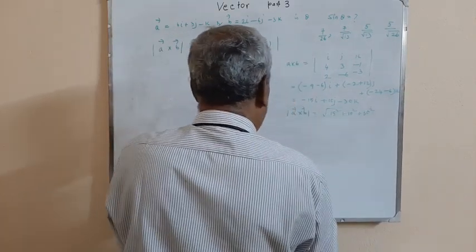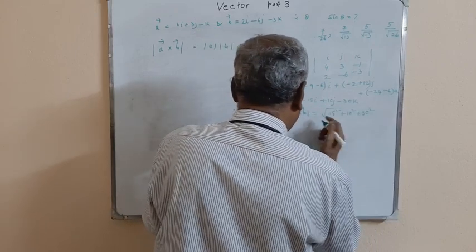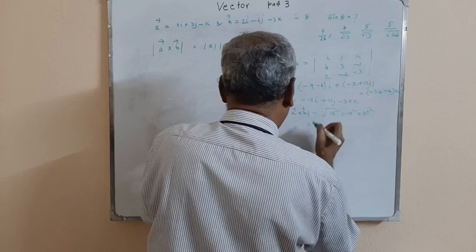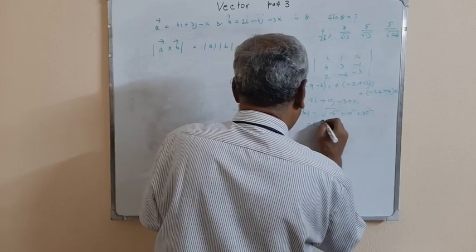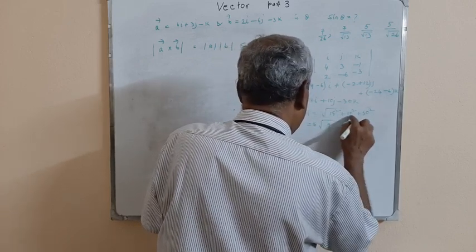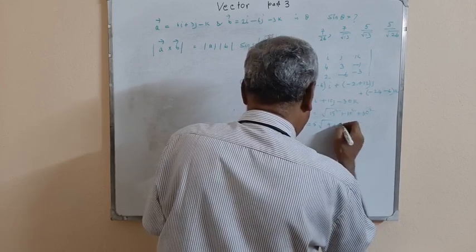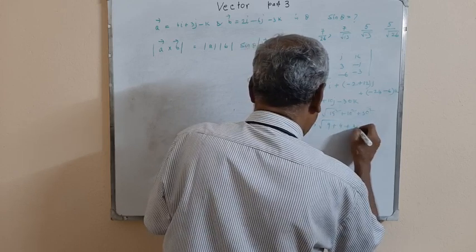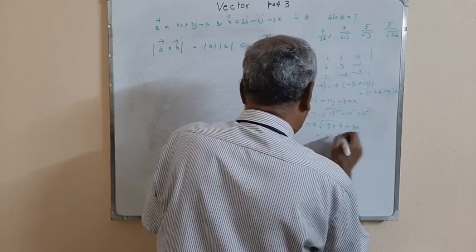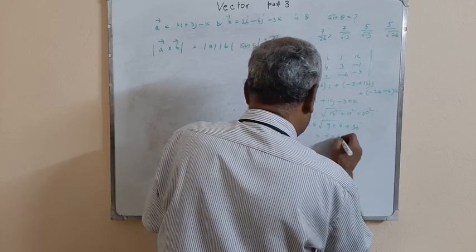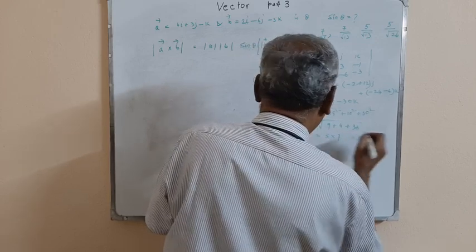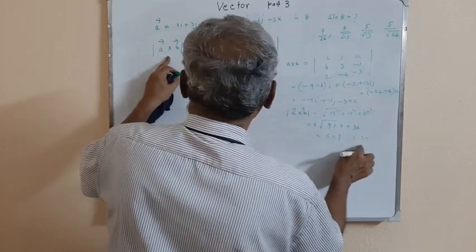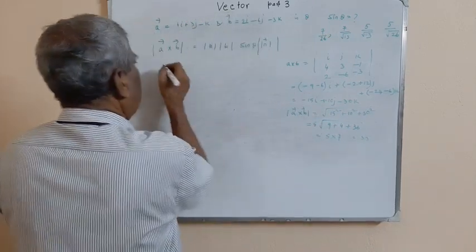After that the calculation will be 5 square. If I take common 5 square, it is equal to 5. Then 3 square 9, 2 square, and taking 5 common comes 6 square. So 5 into root 49, that is 7. So it is 35. The magnitude of A cross B is simply 35.